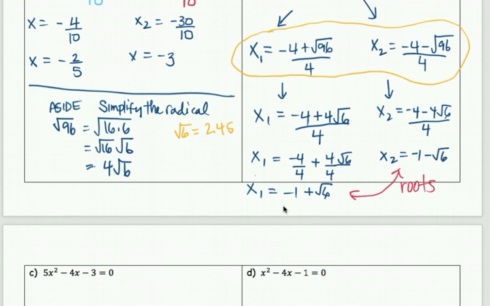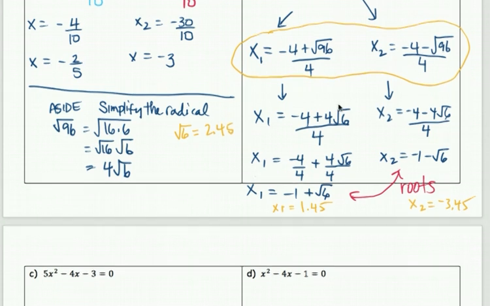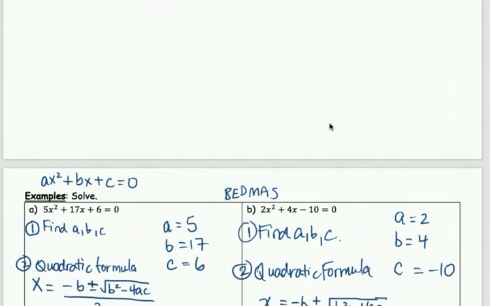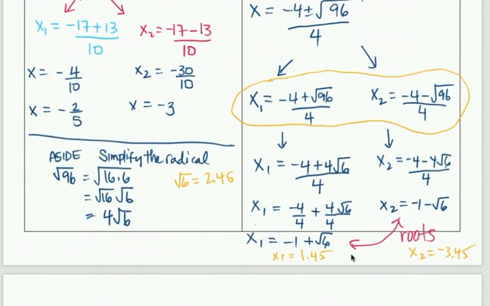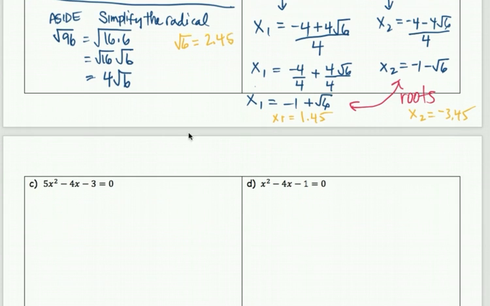So if you were to put that in here, you would get 1.45 for this one, and for this one here, you get negative 3.45, okay? And if you actually graph it, that's where those dots will be, and then you can double check in decimals if you did it right, okay? All right, so let's move on to the next one here.